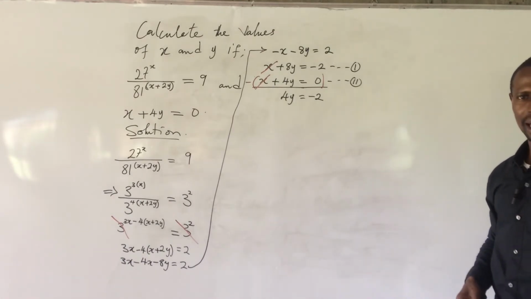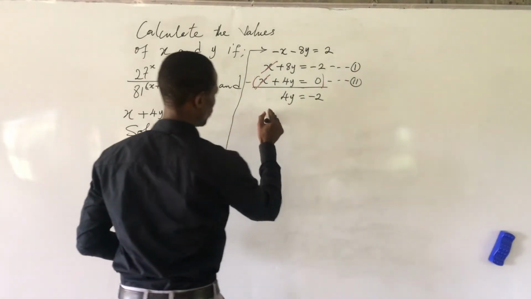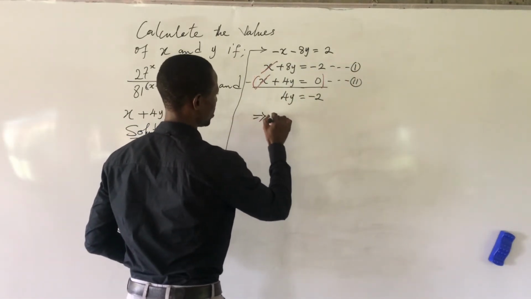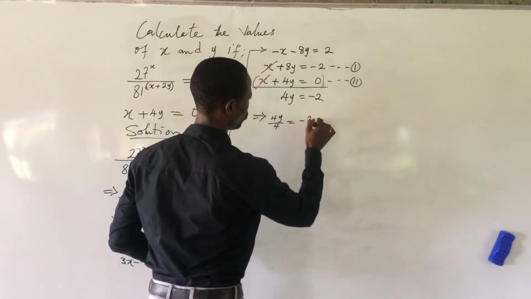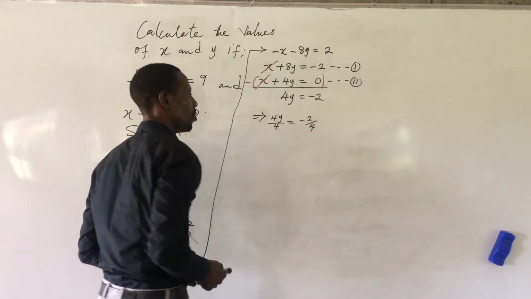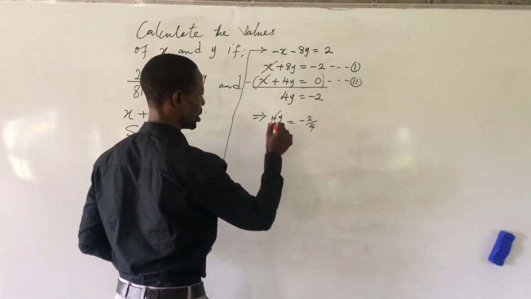We're looking for y. So we divide both sides by the coefficient of y. This now implies 4y all over 4 equals minus 2 all over 4. So 4 goes with 4, and this and this will leave.